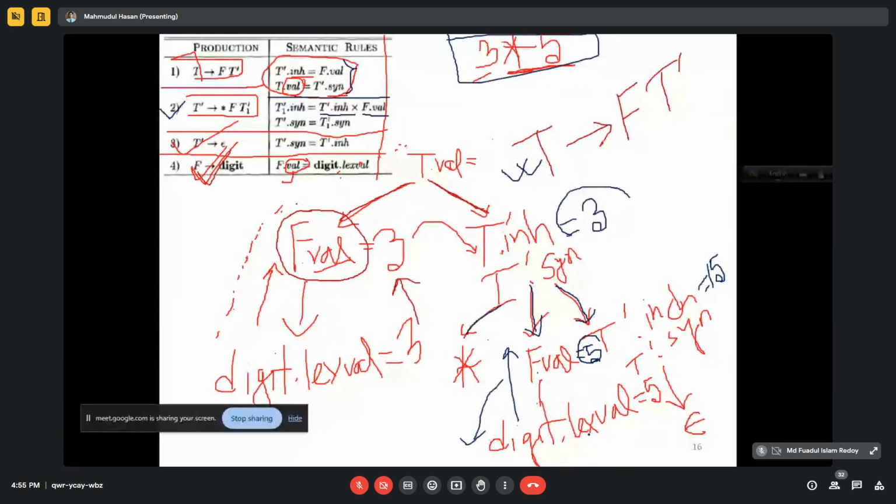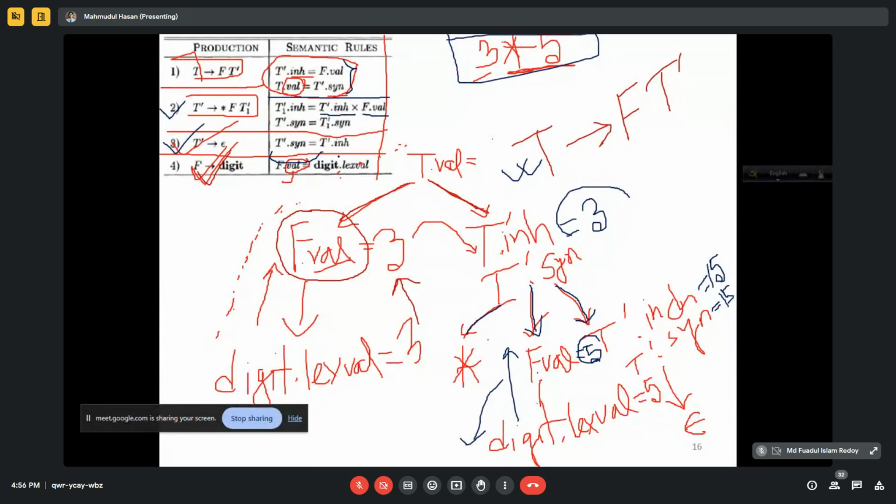Now think about T dash synthesized. If you think about T dot synthesized, then what is the production rule? The third one. According to the third one, T dash and T dash are the same. That means the inherited value just goes to the synthesized value, so this 15 goes here. Here T dash is the same for both sides.